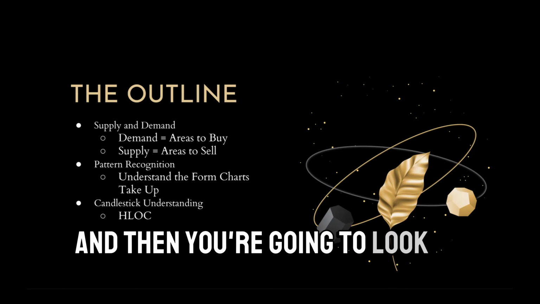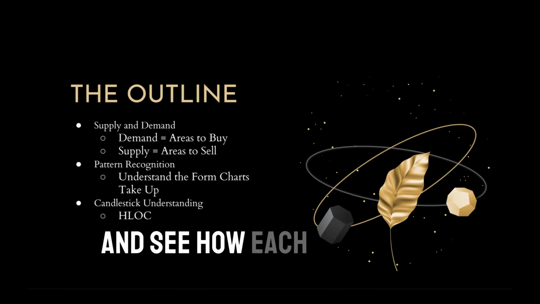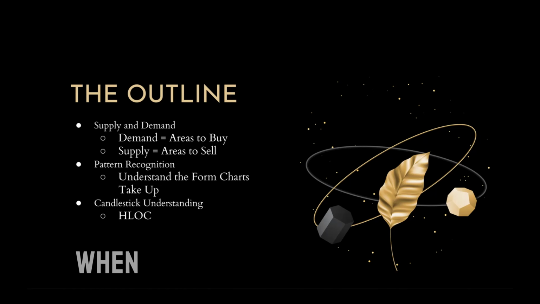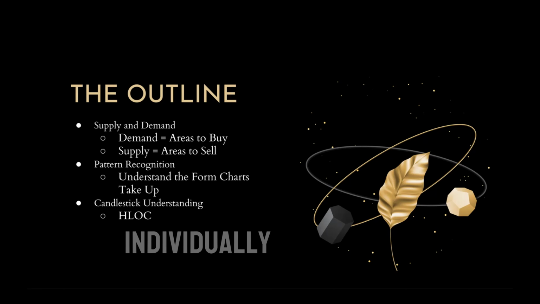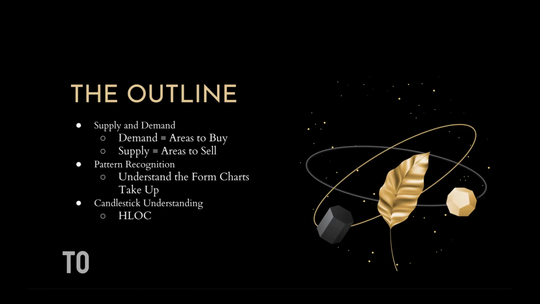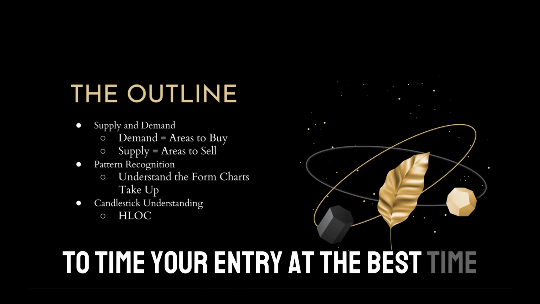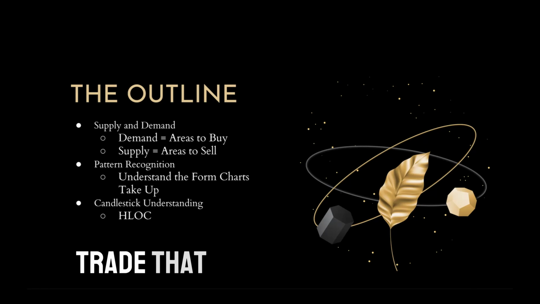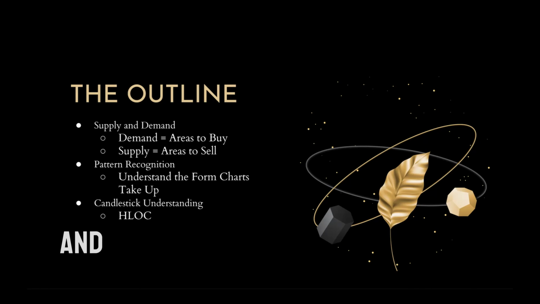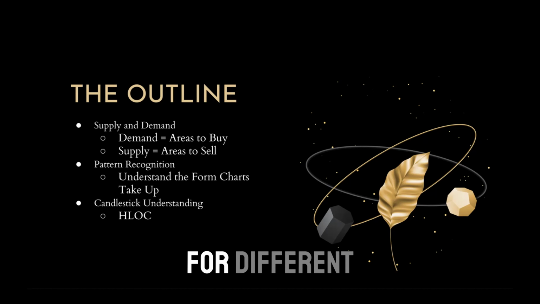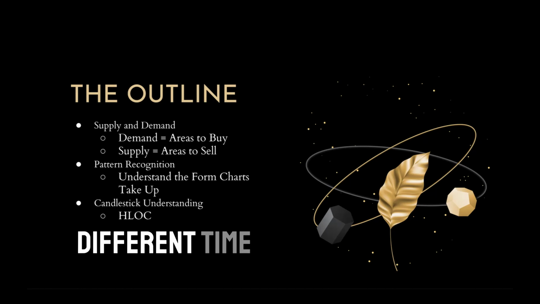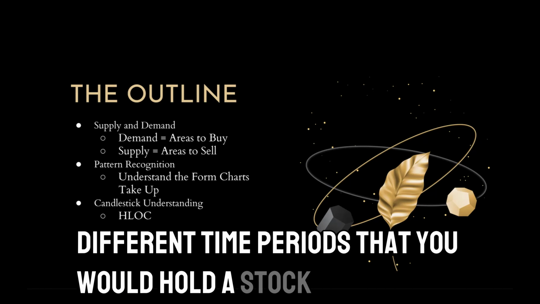Then you look at the candlesticks, and you can break each candlestick up to time your entry at the best time. That way you can swing trade it for maybe a few days, a few weeks, a few months, because different trades call for different time periods that you would hold a stock.